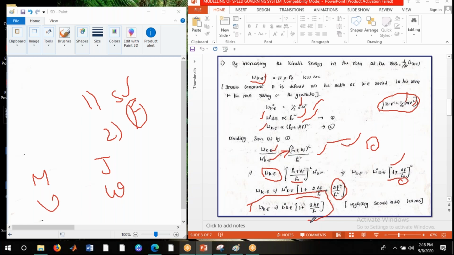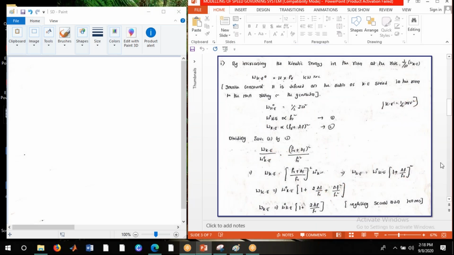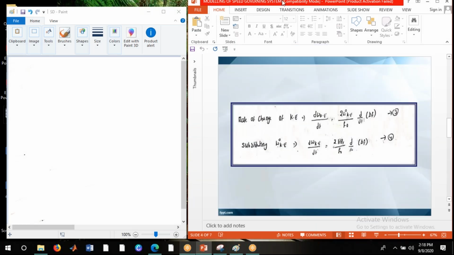Next we see one more case, the second case. After finding this equation, let me see what final equation you will get in the first case. This equation is called the rate of change of kinetic energy. Already we obtained that equation, right?